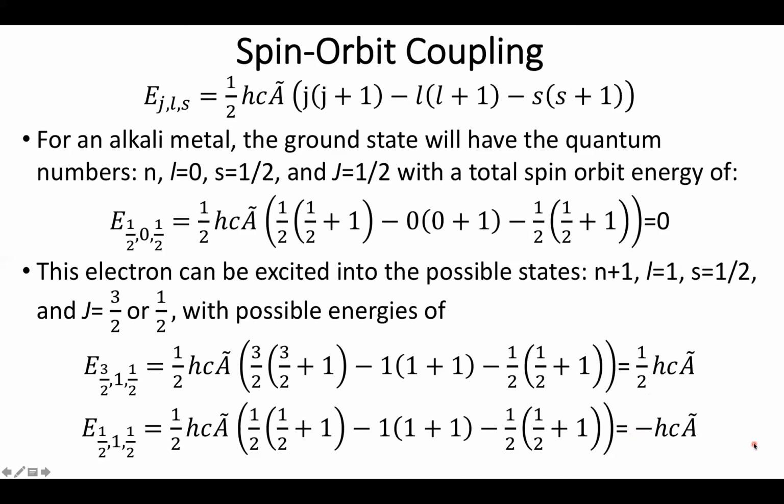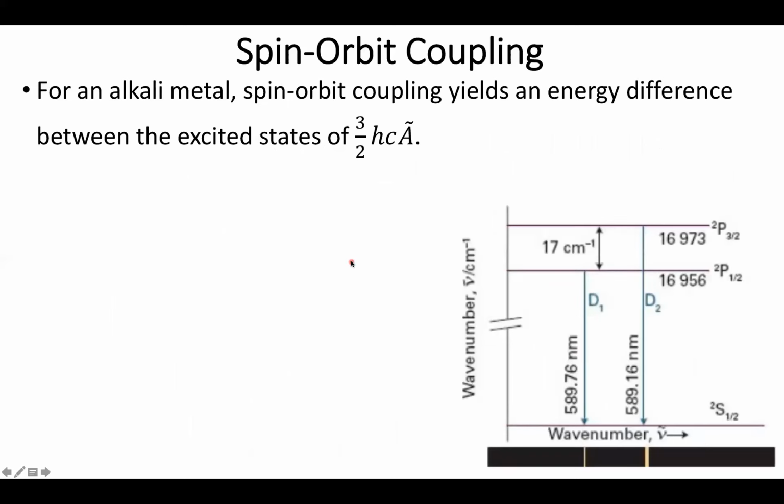the spin angular momentum. So this also means that if I compare these two, my two states are going to differ by about 3/4 of hc times the coupling constant. And this is going to be true for any set of alkali metal excited states, because I'm always going from an s orbital to a p orbital.